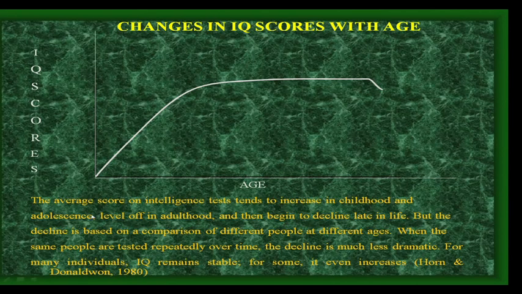The study shows that the average scores on intelligence tests tend to increase in childhood and adolescence, level off in adulthood, and then begin to decline late in life. But the decline is based on a comparison of different people at different ages. When the same people are tested repeatedly over time, the decline is much less dramatic. For many individuals, IQ remains stable, and for some it even increases. This is the study conducted by Sun and Donaldson.